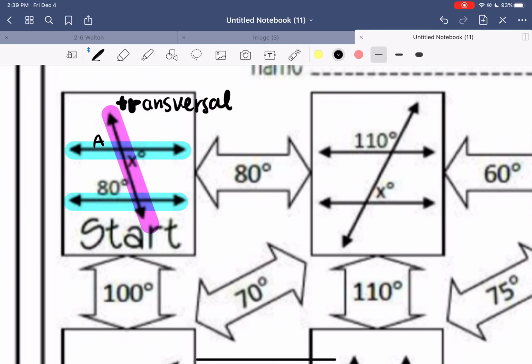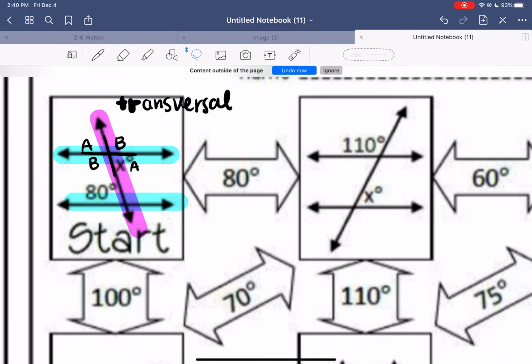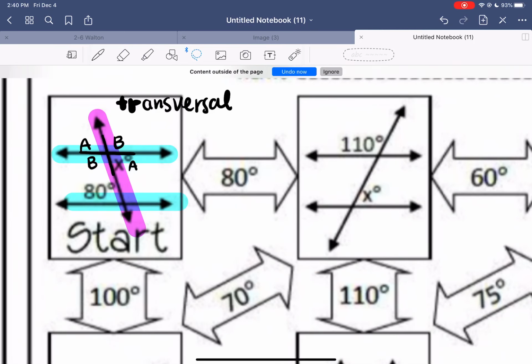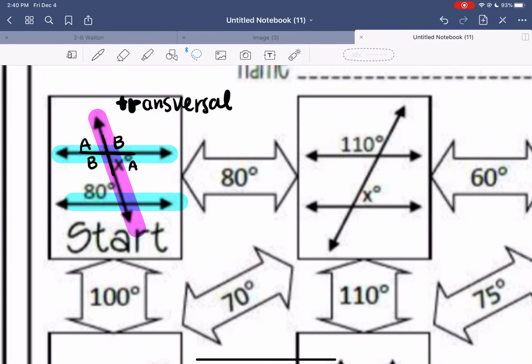So if this is A and this is B, this X here is A and this is B. Those four angles are the same as these four angles right here. So we have A, B, A, B.